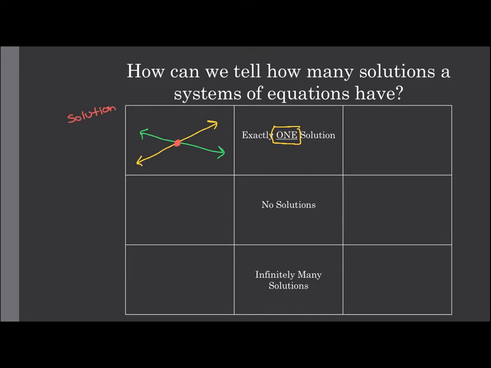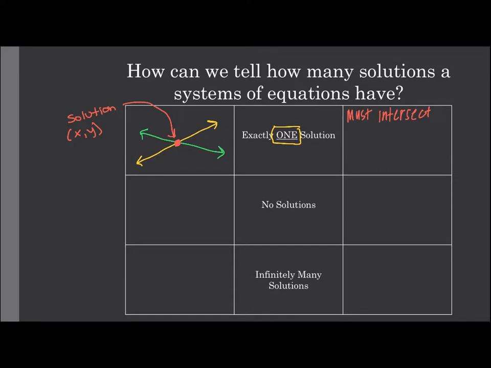So this point right here is called the solution to these two linear equations. We always write a solution as an ordered pair, which is x comma y. So in order for a system of equations to have exactly one solution, they must intersect.